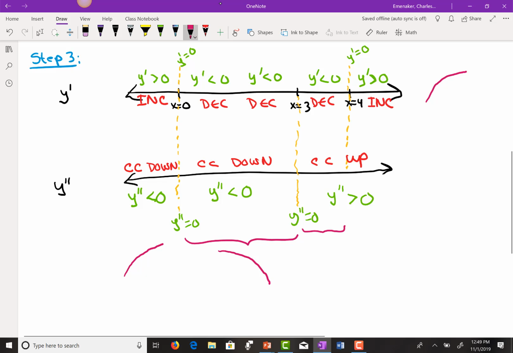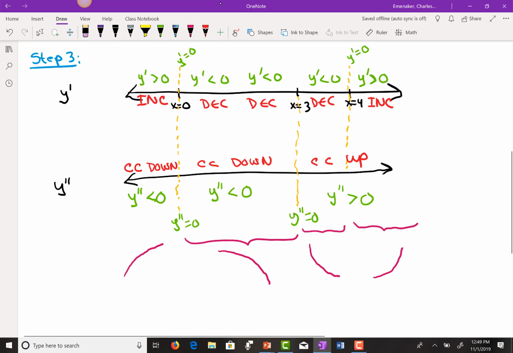On that interval, the function is decreasing and it is concave up. Decreasing and concave up is shaped like that. Then on the last interval, from 4 to infinity, it's increasing and it's concave up. The shape there, increasing and concave up, looks like that. Is everybody okay? We're getting closer to being able to graph this thing.